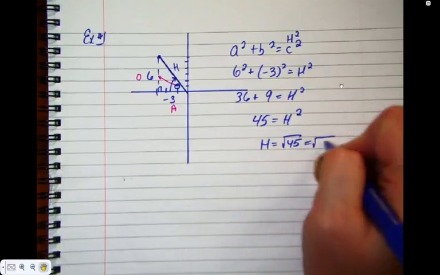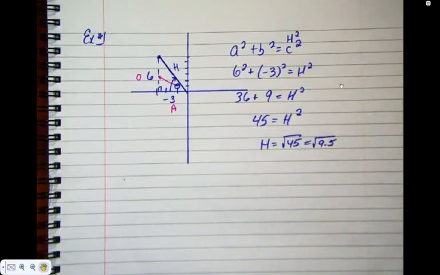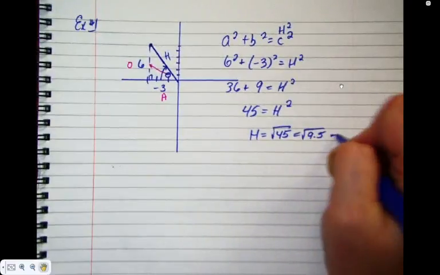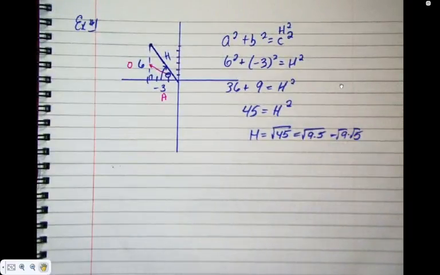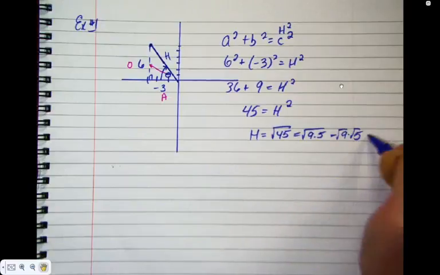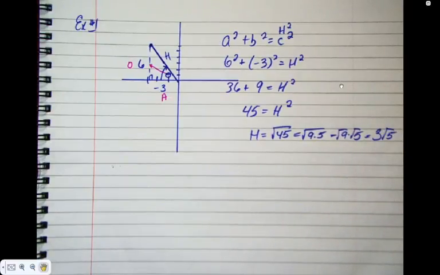So then we break this up into 9 times 5. And then we break this up into root of 9 times root of 5. Remember all this? And then we say this is 3 root 5. Remember that from grade 10? That was grade 10, yeah. Oh, well, we talked about it again last year, but you first learned it in grade 10.